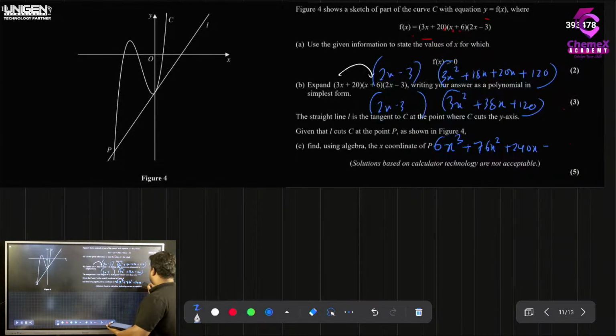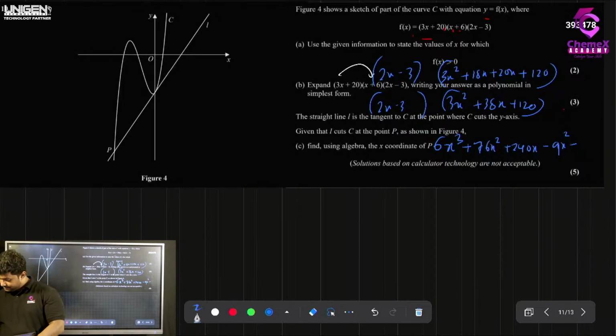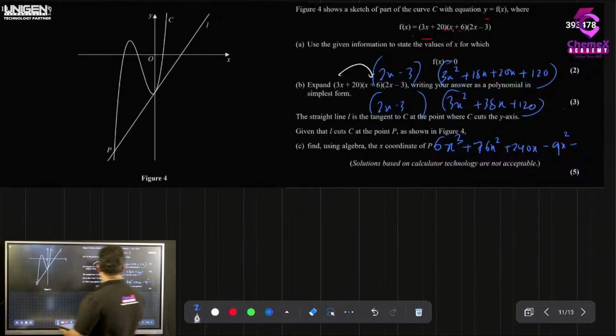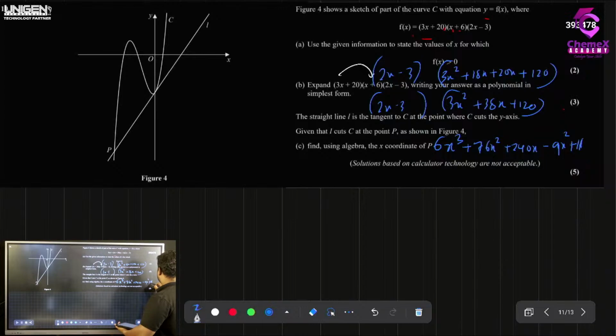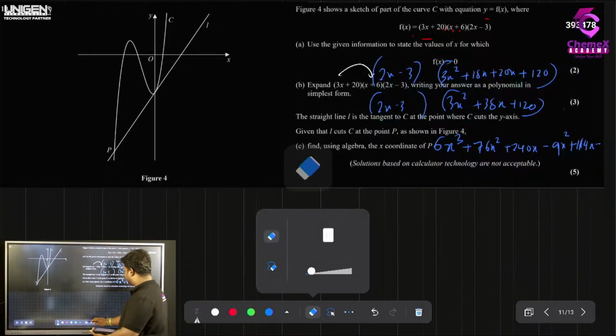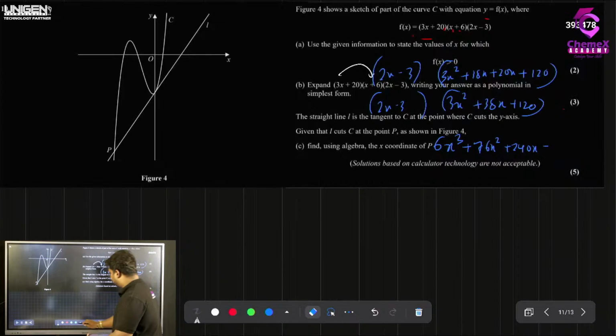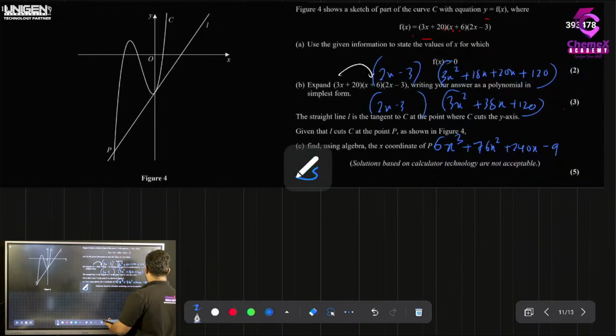Then minus 9x squared, minus, what's 38 into 3? 114x, minus 114x, 9x squared, minus 360.